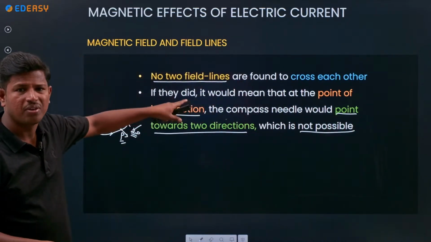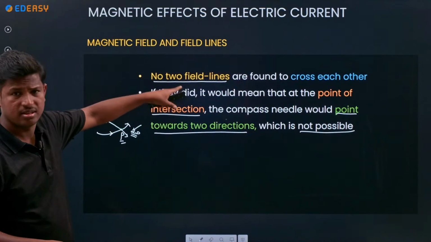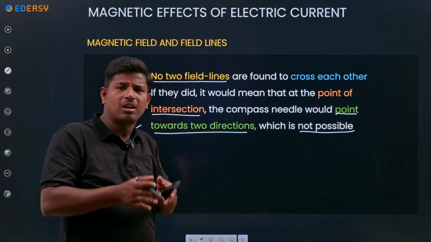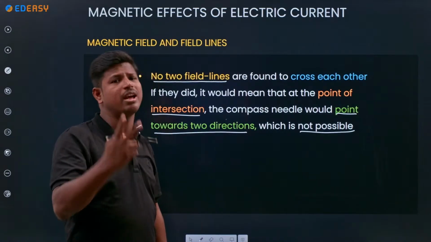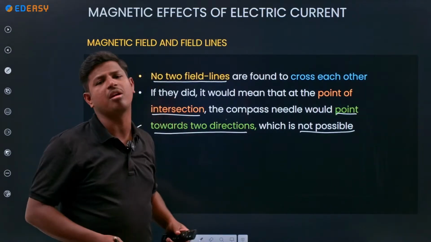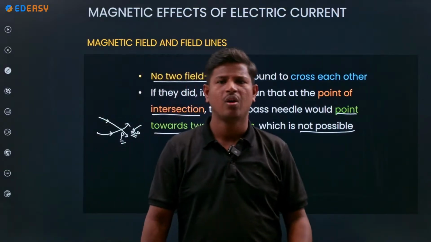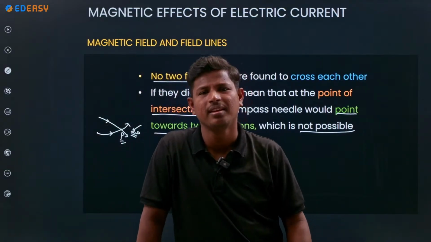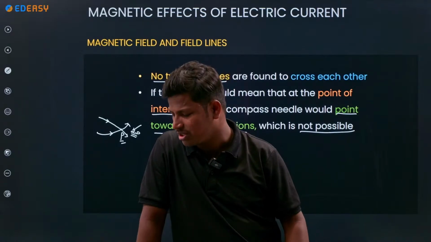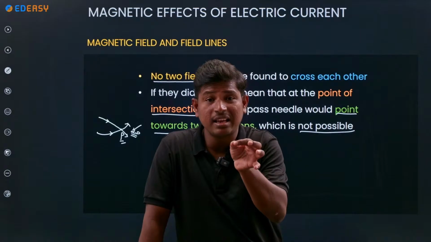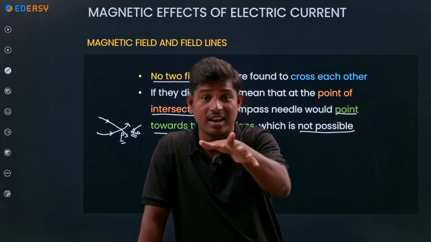If there is a point of intersection of magnetic field lines, one line crossing another means at that particular point it has to show two directions. It is practically not possible. Okay, maybe in the examination, if they ask you, what is your answer? Magnetic field lines never intersect.